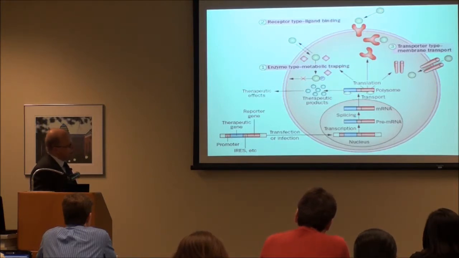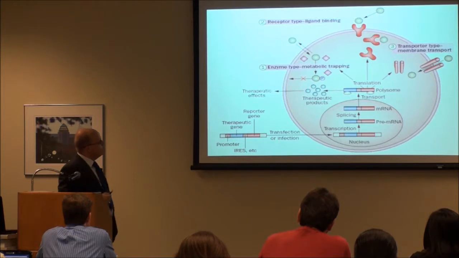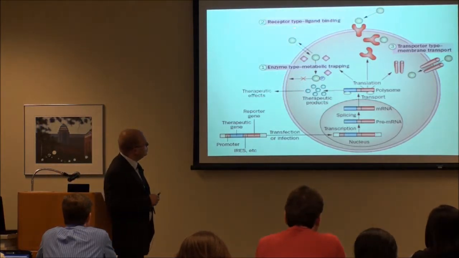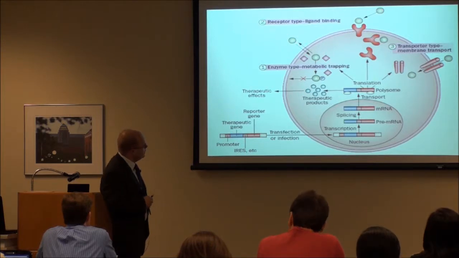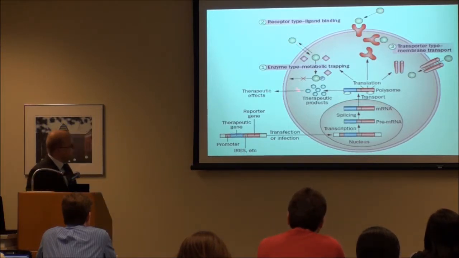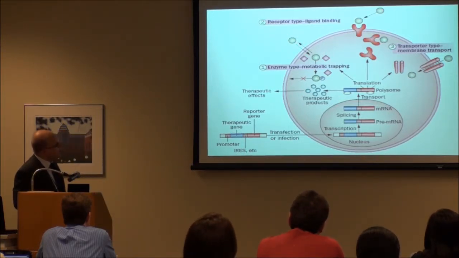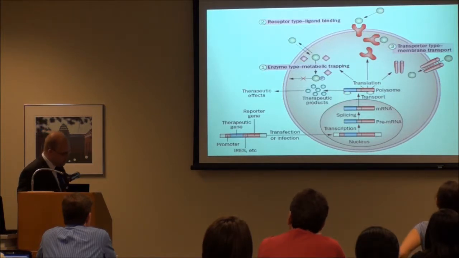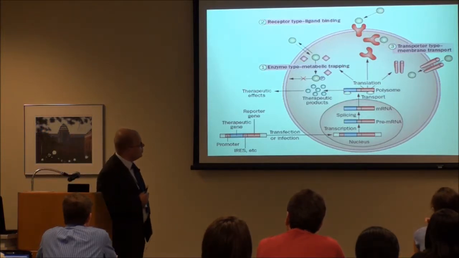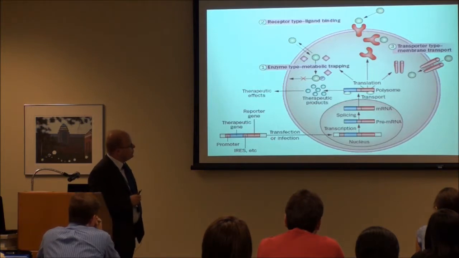Then you need to inject just a generalized probe into the bloodstream, and this generalized probe can traverse the cell membrane and be enzymatically trapped within the cell, or it could bind to the receptor, or it could go through the transporter. So with this technique, we can have just one single generalized probe for imaging those different processes.